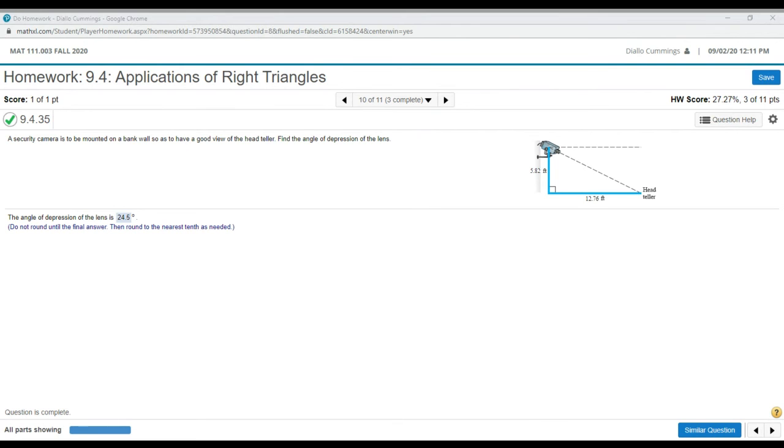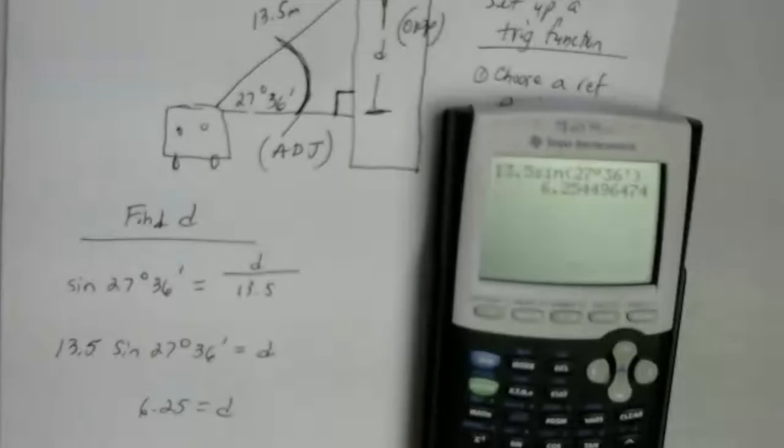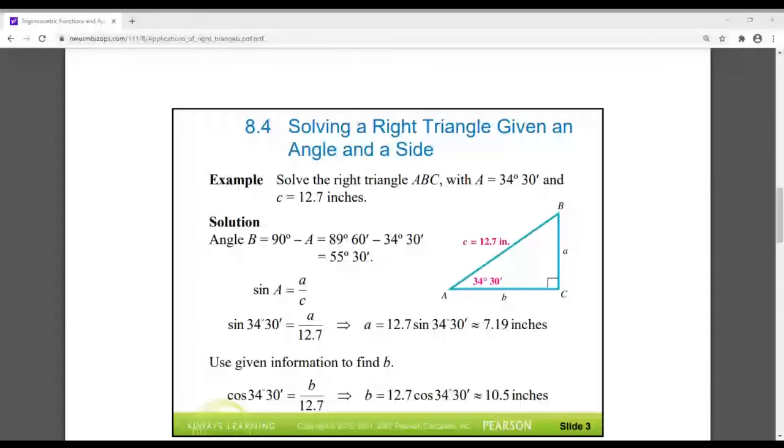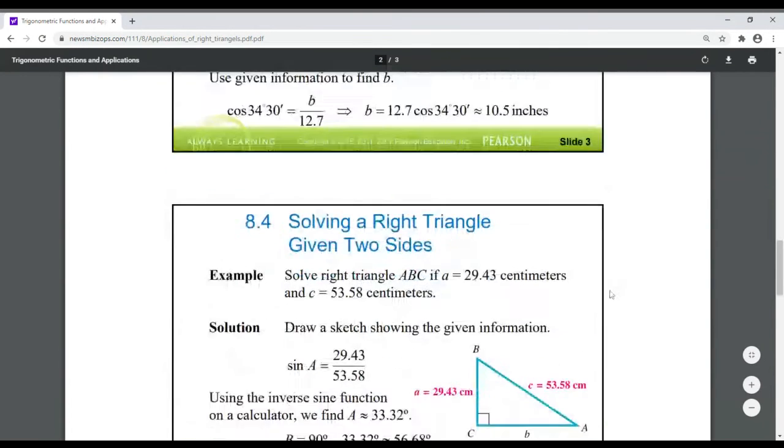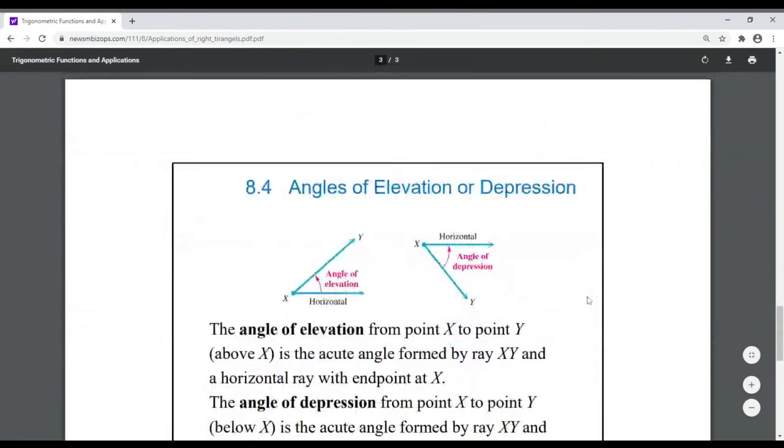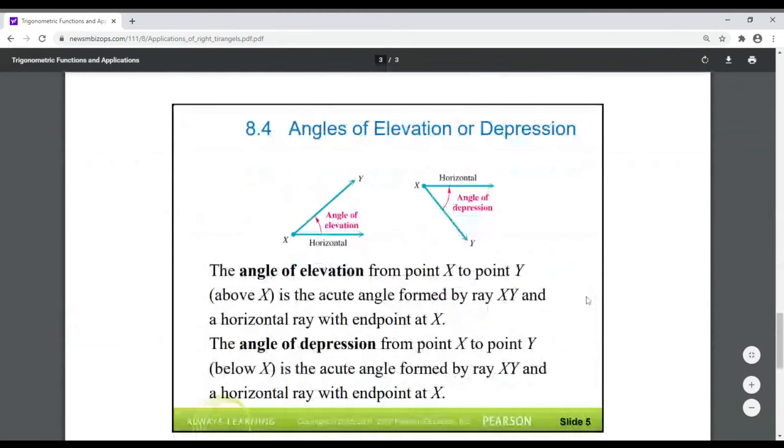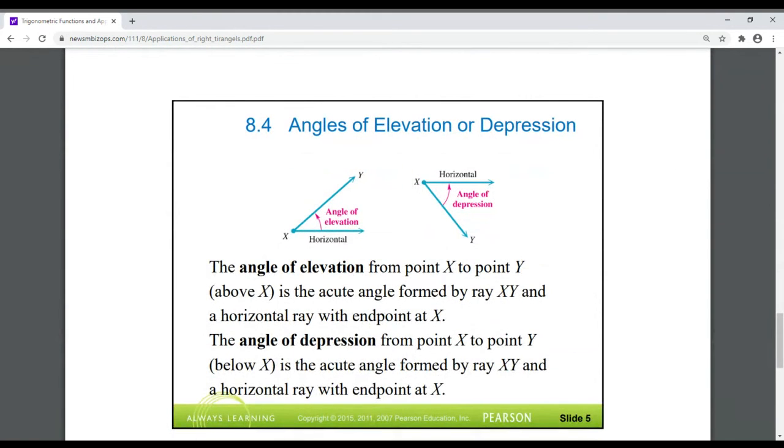If I go back to the slides for just one second, I'm going to scroll down toward the end. Here are the angle of elevation and angle of depression definitions.